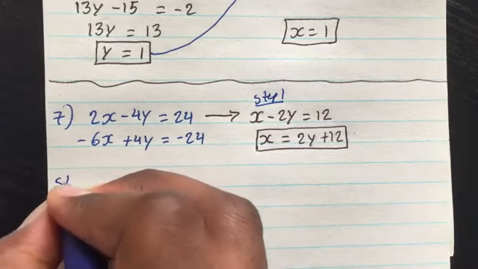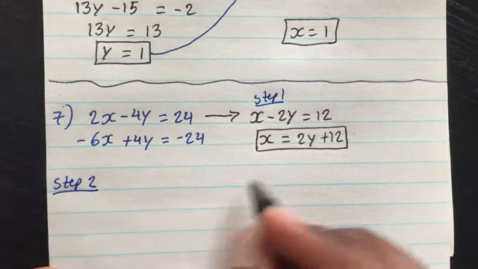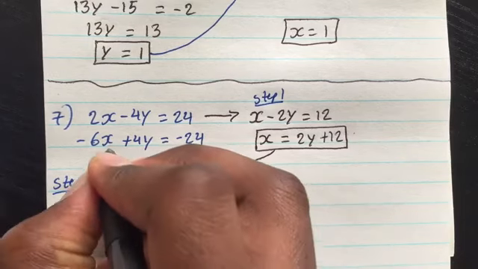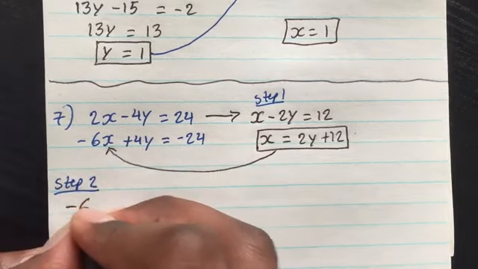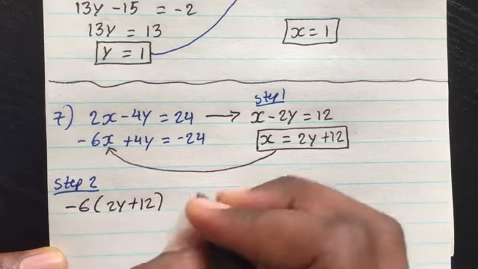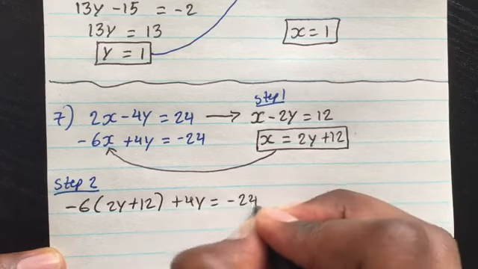Step 2 is you take the result from step 1 and substitute for x in the second equation. So that means negative 6 times 2y plus 12, plus 4y equals negative 24.